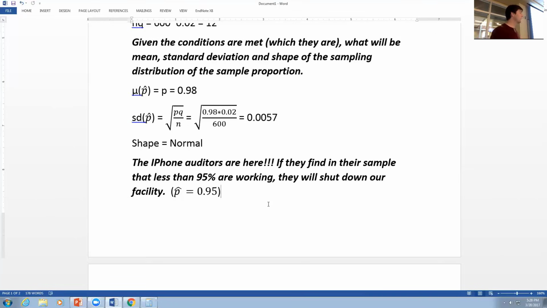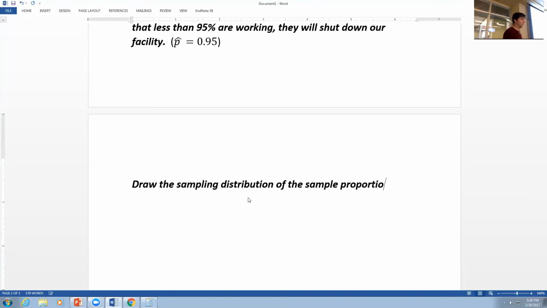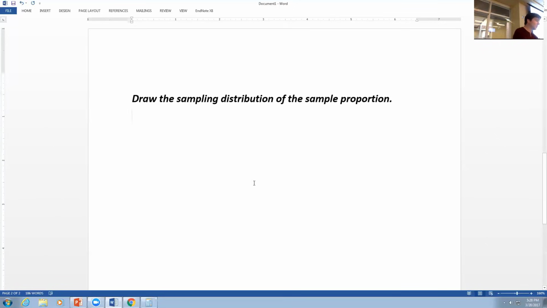Finding its z-score. And the very first thing I would do, and so few people do this, is draw the sampling distribution of the sample proportion. It's not that hard. I'll do it on the screen very quickly, and then I'll show you. Online won't be able to see this, but you'll see it in seconds.